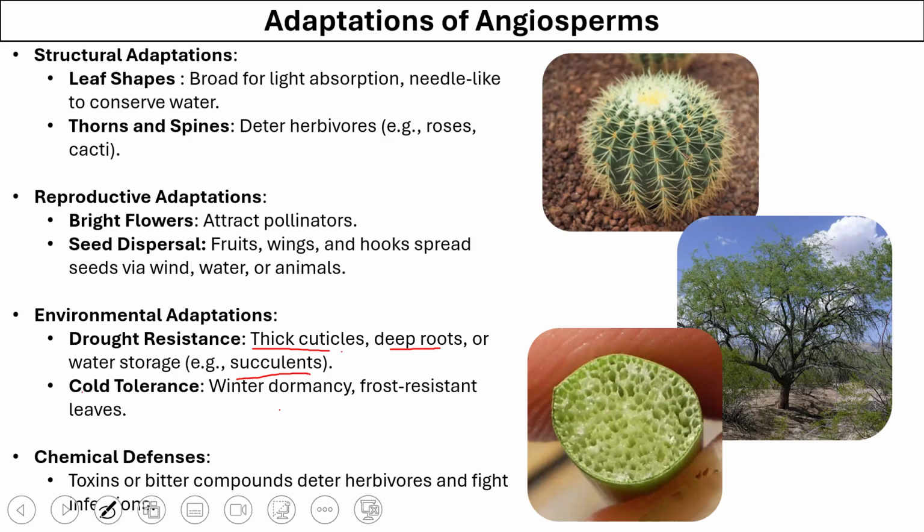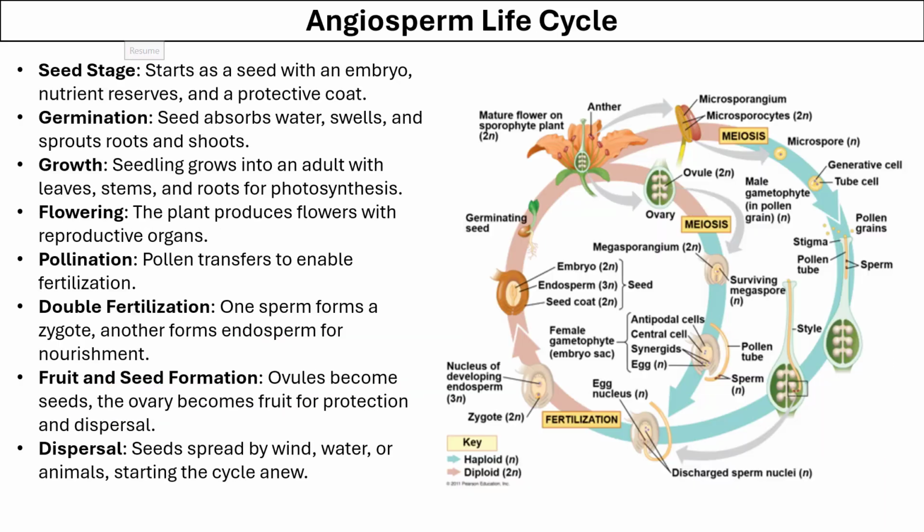They are also adapted to the cold environment because they can undergo winter dormancy, and frost resistant leaves also help them in conditions which are very cold. Angiosperms can also produce some toxins or bitter compounds which prevent herbivore animals from eating them up.